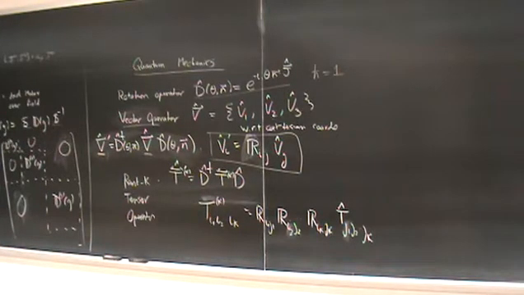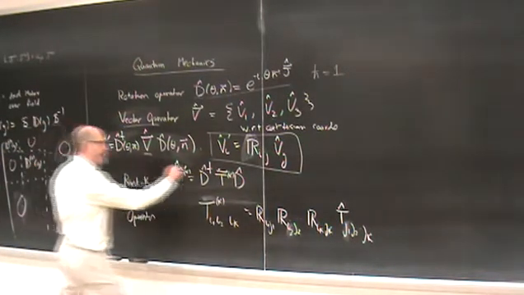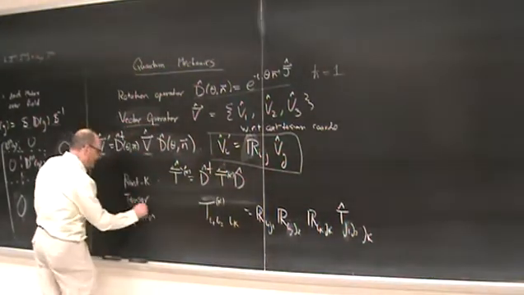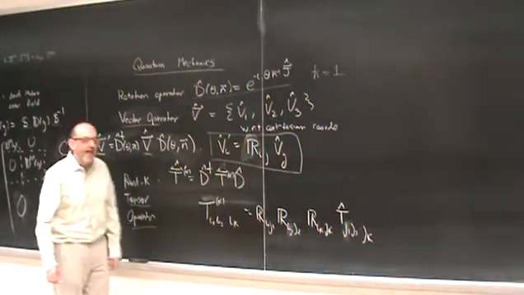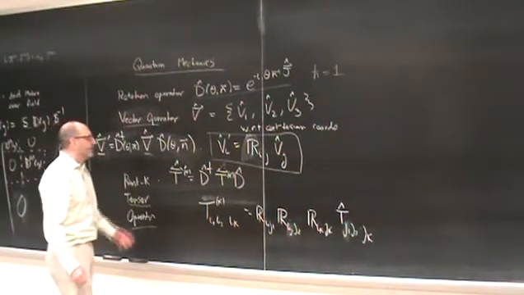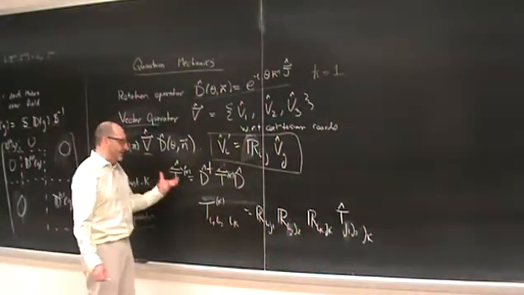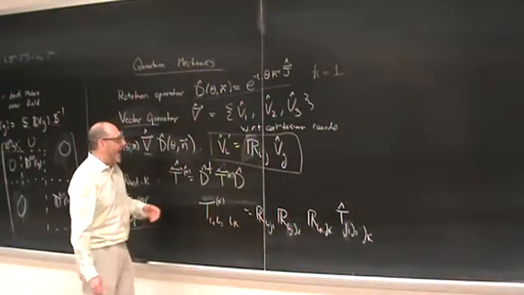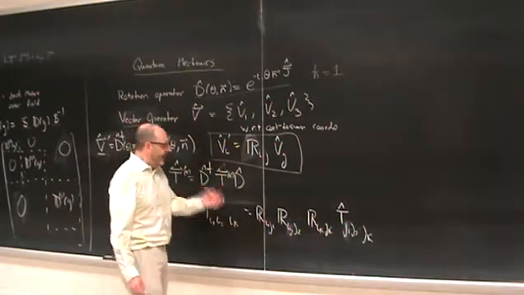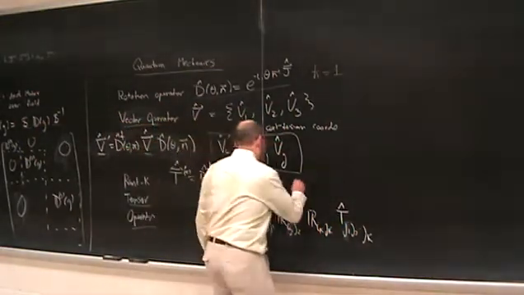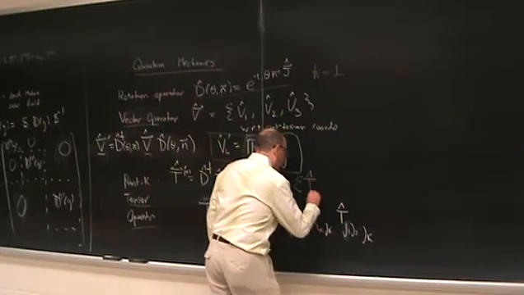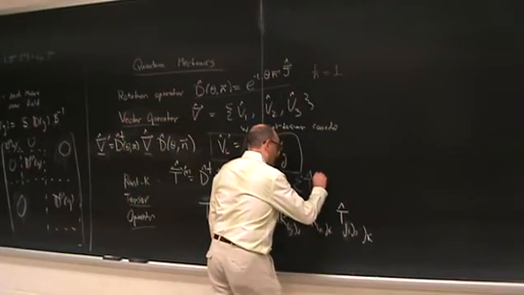All right, so generally we define a tensor operator as, again, a geometric object which has 3 to the k components.